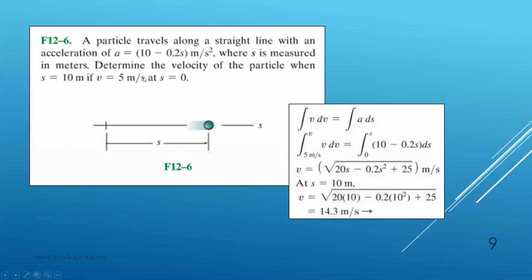Okay, why did I say initial velocity? Because it's given that v equal to 5 meters per second at s equal to 0. So s equal to 0 is probably the initial position, and at the initial position is our initial velocity.